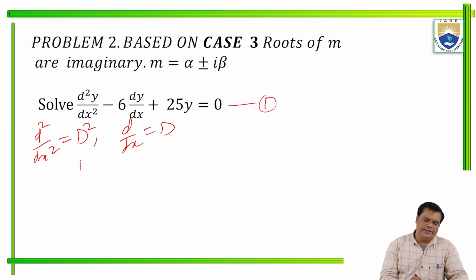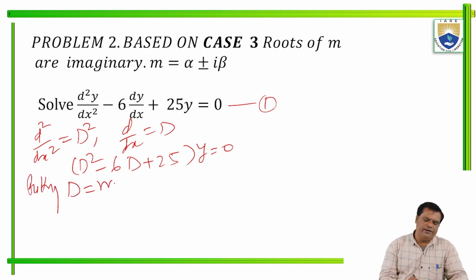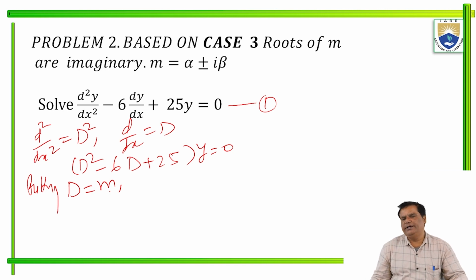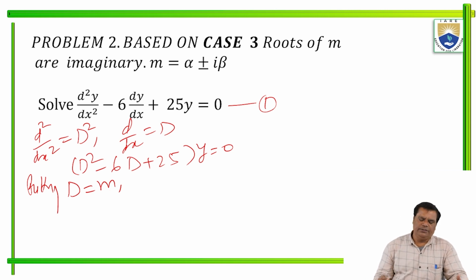So I am writing (D² − 6D + 25) y = 0. Putting D equal to m, we get the auxiliary form. This equation is converted into the auxiliary form, and removing y, we get m² − 6m + 25 = 0.